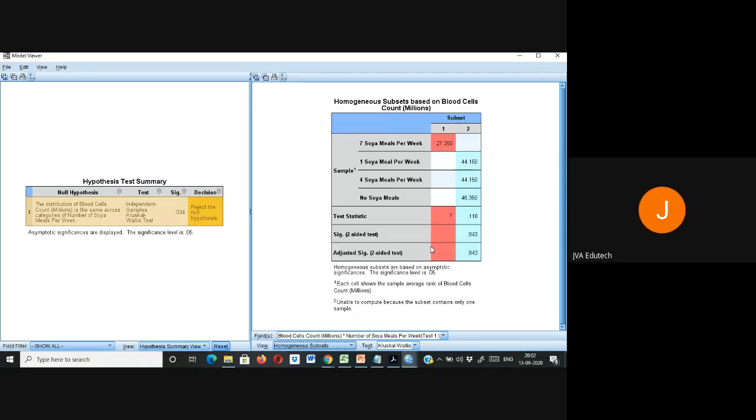That's why it's always better to go for the step down method in such cases rather than pairwise. Why have I done both? Because I wanted to show you that in both cases the results will remain the same. But the best method to go for is the stepdown method.